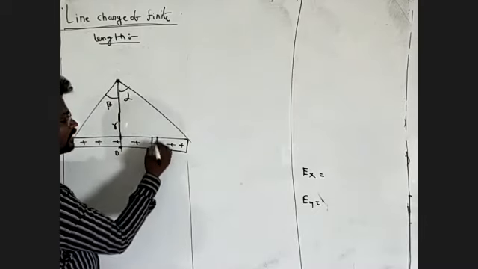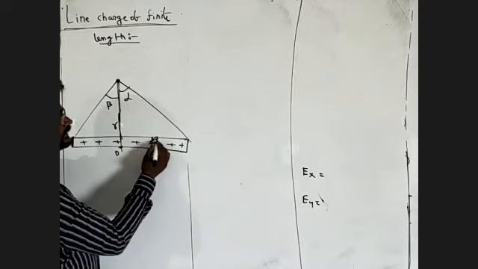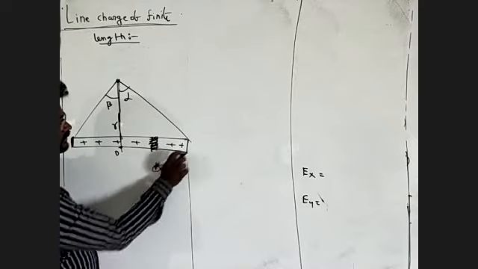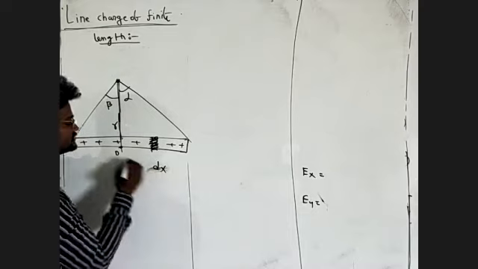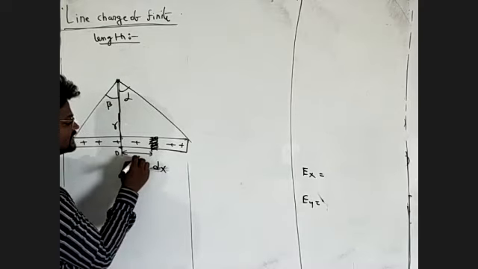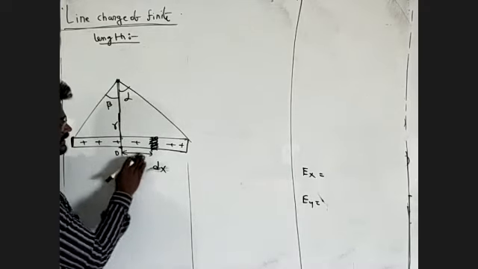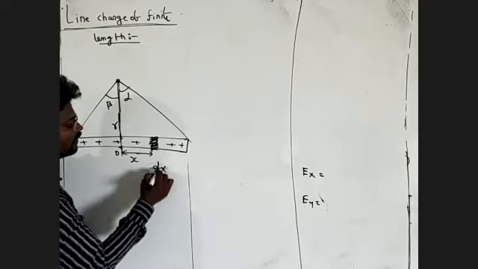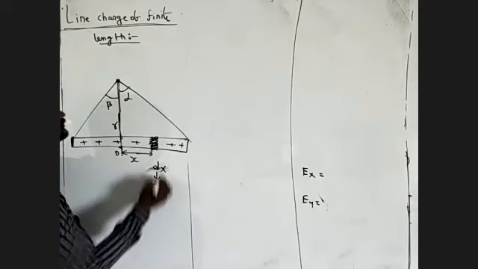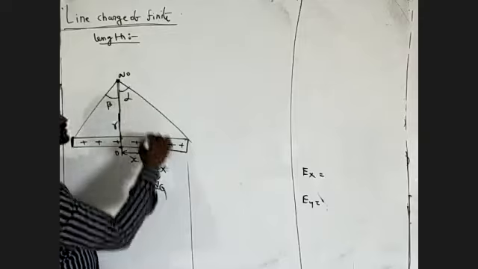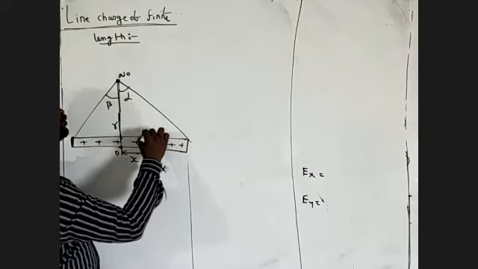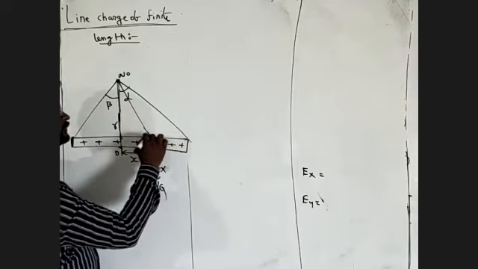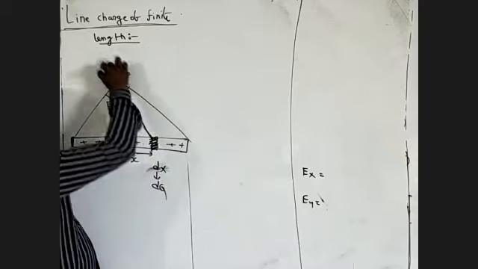Now this is a small element dx. From here to here the length is x. This small element has charge dq. I'm keeping q naught here. This dq repels the charge in this direction.